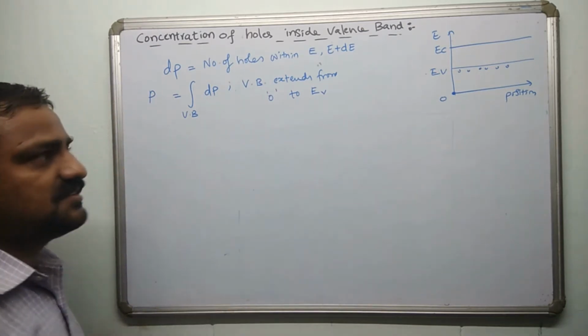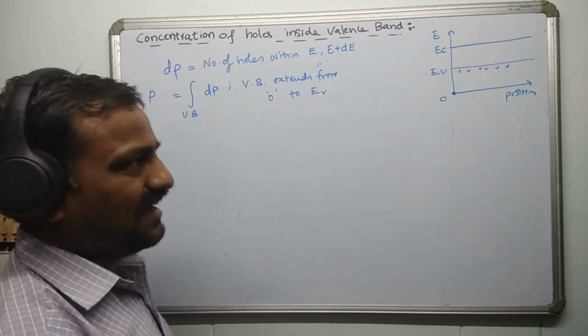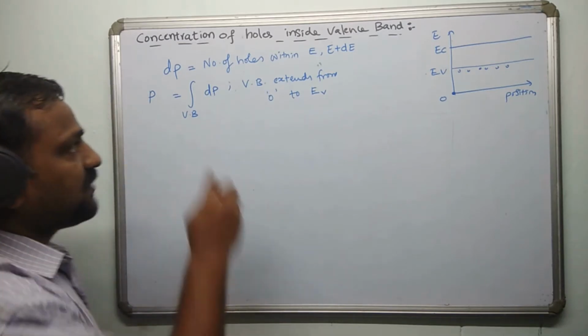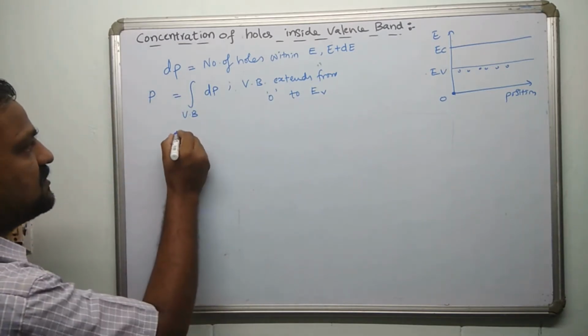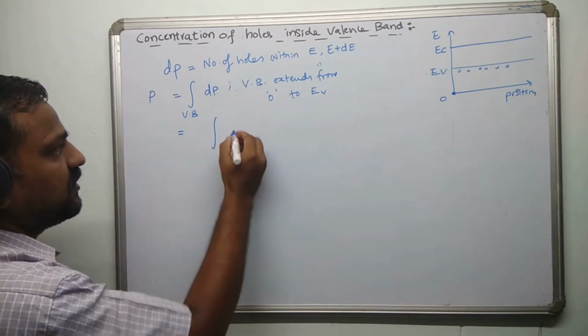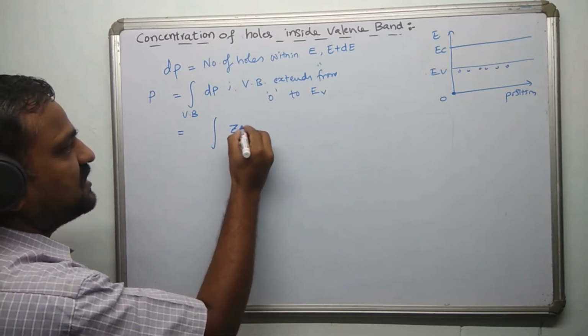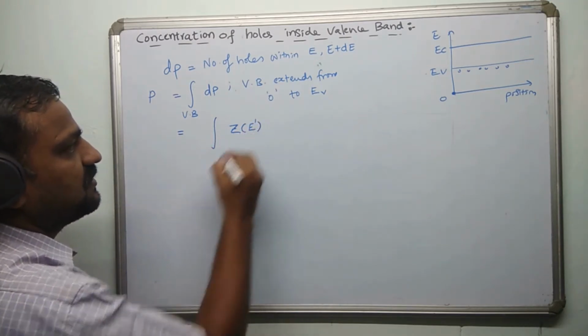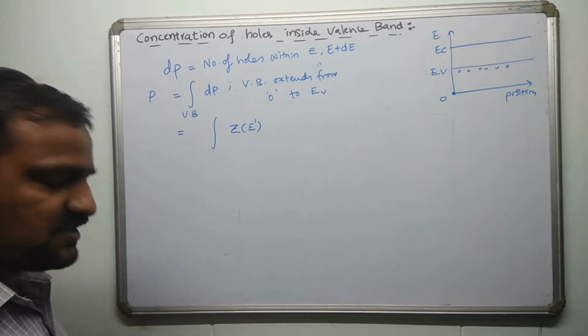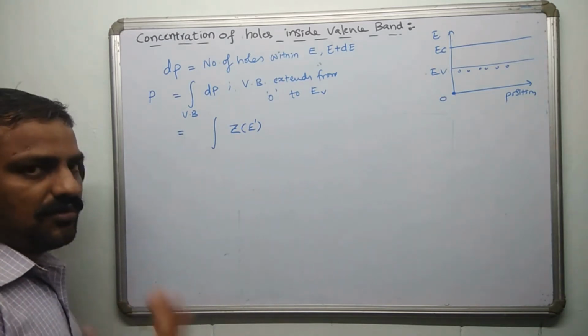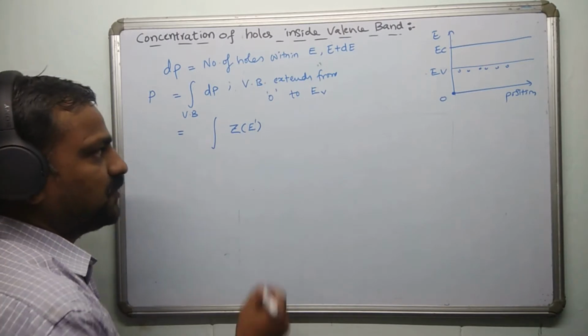And already we did this in the previous class for electrons. So there, in order to calculate this, we simply multiplied the density of states function z of E. I hope you remember this. Density of states actually represents the number of energy states available per unit volume.